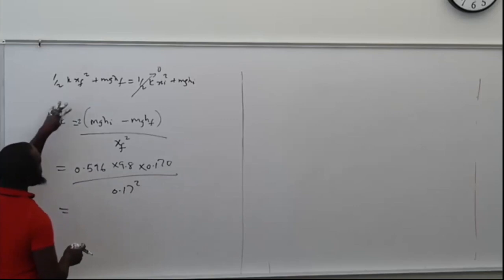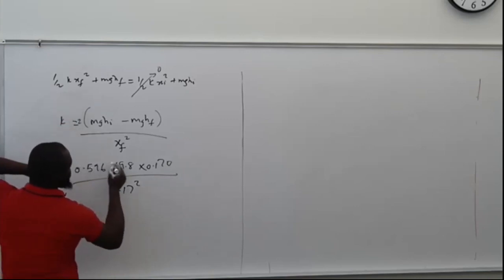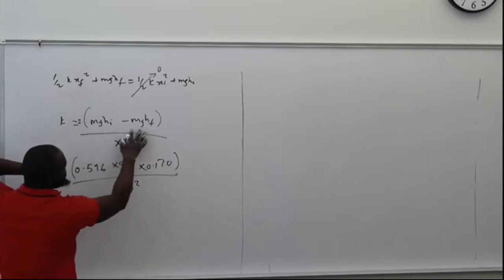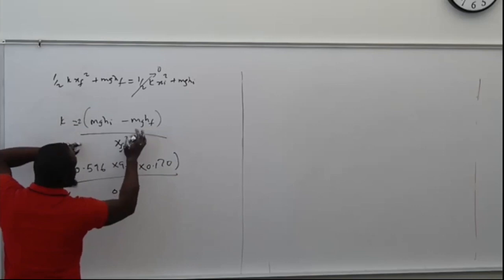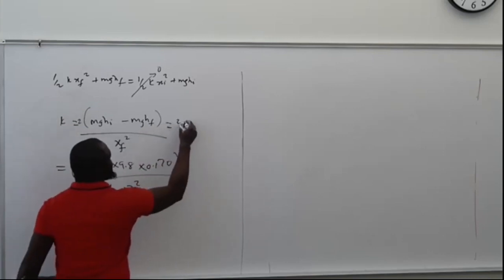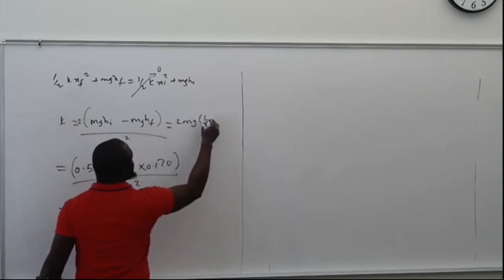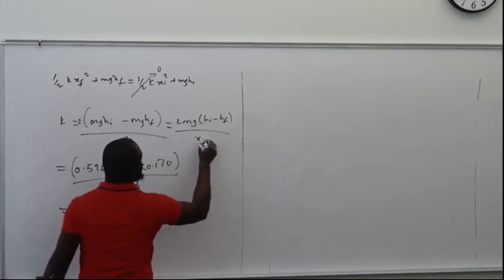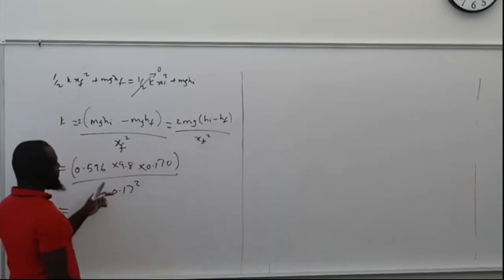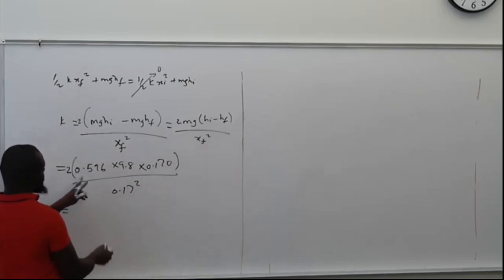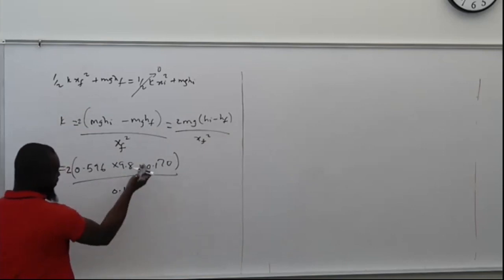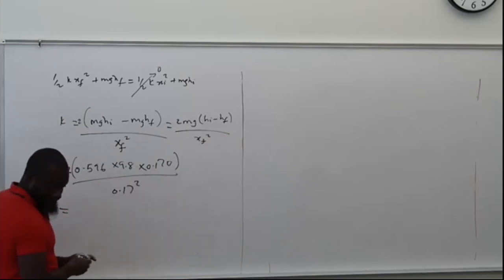So it's a conservation of energy method to solve this. Is that okay? So it's just mg, h initial minus h final. So this is 2 mg, h initial minus h final, over x final or y final squared, which is that.